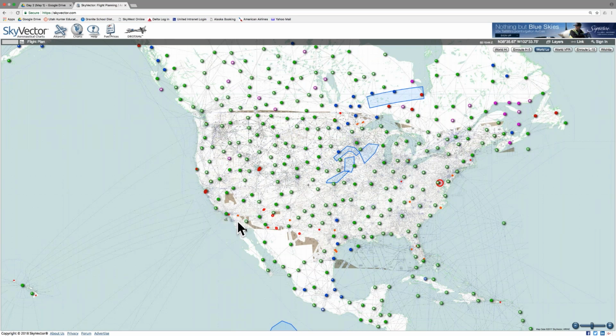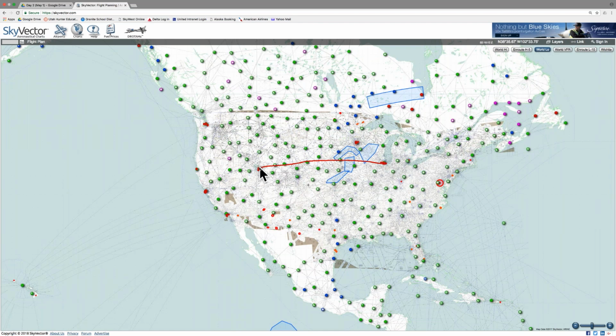San Francisco's down here. San Francisco, LA, Seattle. What happens, the way the airlines work is your main airlines, you got Chicago O'Hare over here, Minneapolis here. They'll fly from, we call this a hub, to a hub.